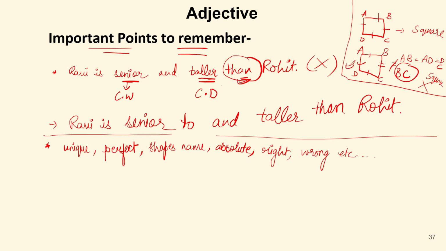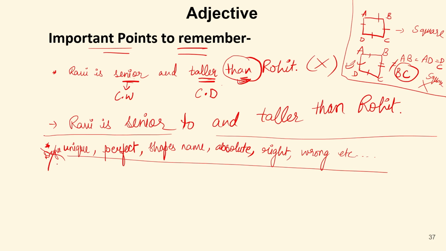If a thing is unique, it is unique. It is not like some unique, more unique or less unique. No, if it is unique, it is unique. It is not more or less. So with any of these words which are complete in itself, we do not use any degree of adjective.